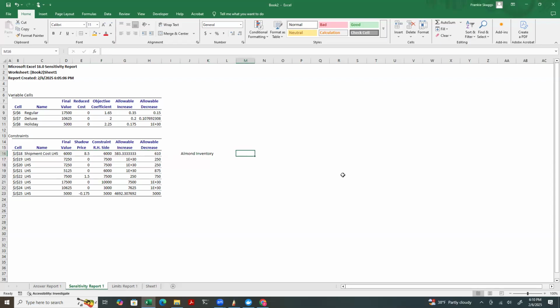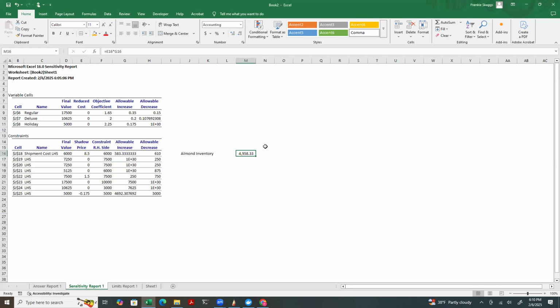So what I would suggest doing at this point is taking that 8.5 and multiplying it by the allowable increase. This basically is the largest amount that I can extrapolate. And I look at that and I say, well, that says $4,958. So what does that mean? If I could get 583 pounds of almonds, I would expect the objective function to increase by close to $5,000.